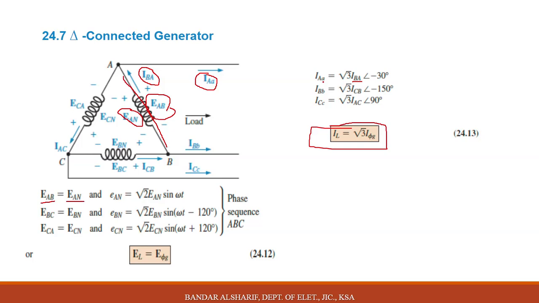The angle between phase and line value is 30 degrees. You need to multiply by minus 30 degrees, and for line B minus 150. You will notice that between minus 30 and minus 150 there is a phase shift of 120 degrees. Similar for IC capital C small, the line value, multiply the phase value by root 3 with 90 degrees.